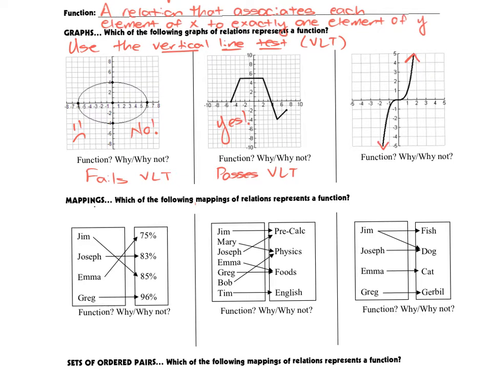The program that we create this with won't put those arrows on the ends, but if it hits the edge, it goes forever. Now, this one again, if we just picture those vertical lines being drawn in there, we can see that, yes, this one does pass our vertical line test as well. All right, so that's all you have to do if I give you a graph to test whether or not a relation is a function, is just check that vertical line test.